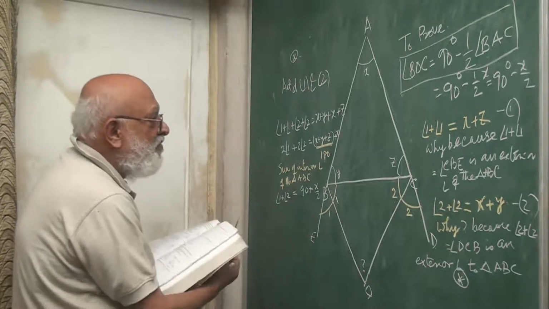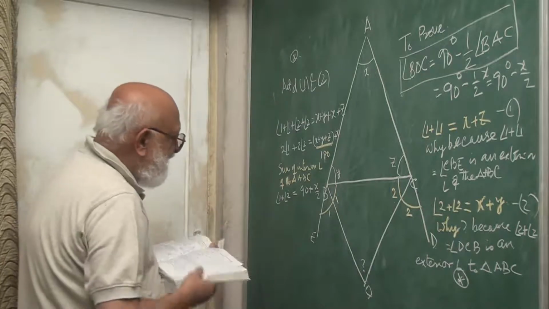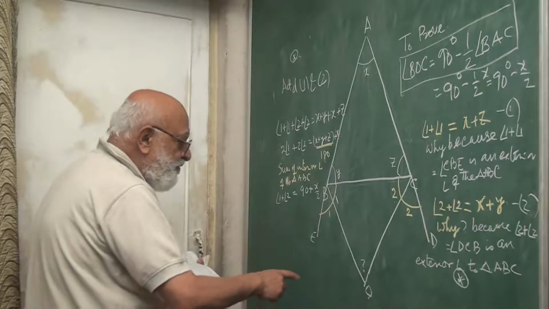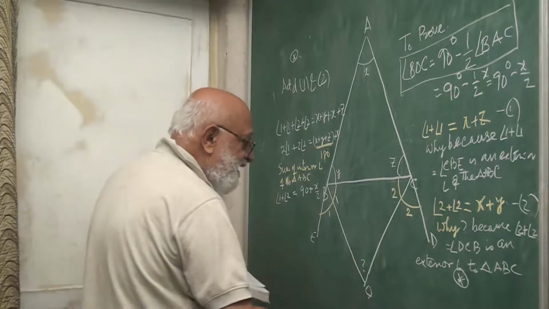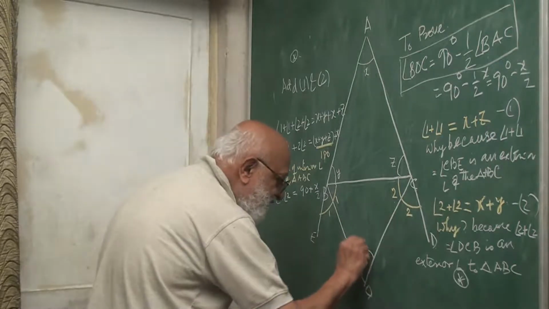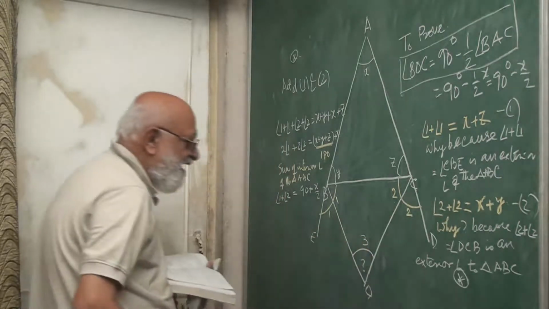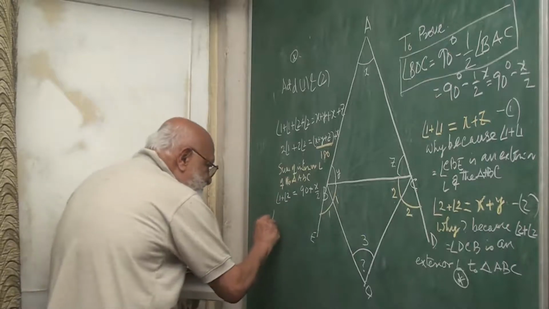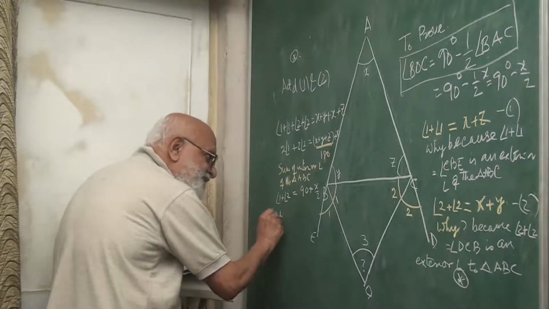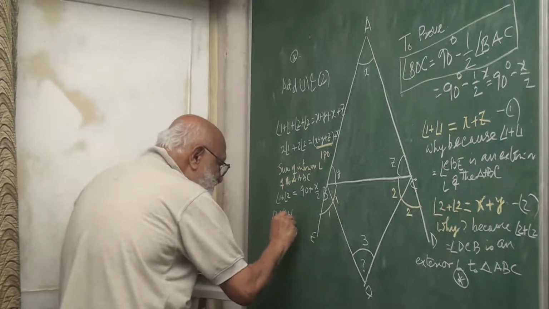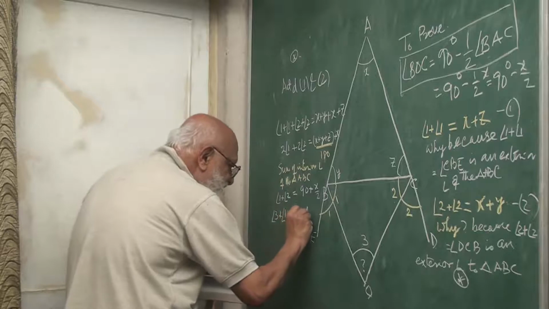Okay, now what is angle BOC? Angle BOC is this angle. Let me call this one angle 3. Now I can write angle 3 plus angle 1 plus angle 2 is equal to 180.